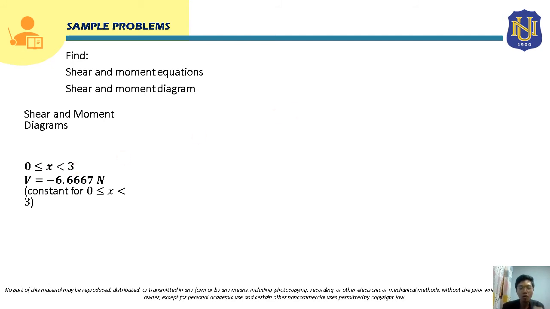Now for the second segment, wherein x is from 3 to 6, the shear is also constant, negative 6.6667 Newton, from distance 3 to 6.